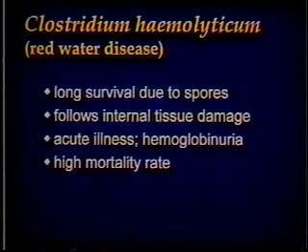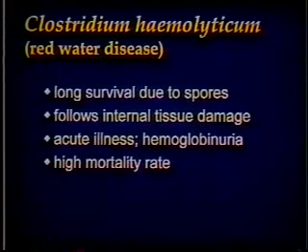Clostridium hemolyticum produces a syndrome that's sometimes referred to as red water disease, simply because of the hemoglobinuria that the organisms may produce. There is a very high mortality rate. The disease primarily occurs in certain areas, particularly areas where snails and liver flukes may be found.